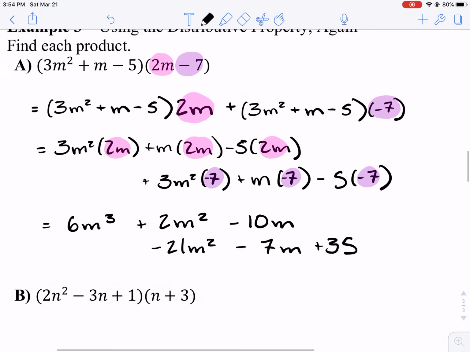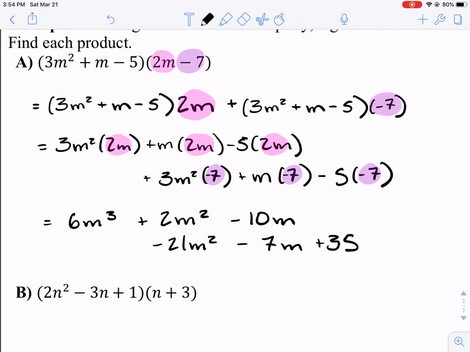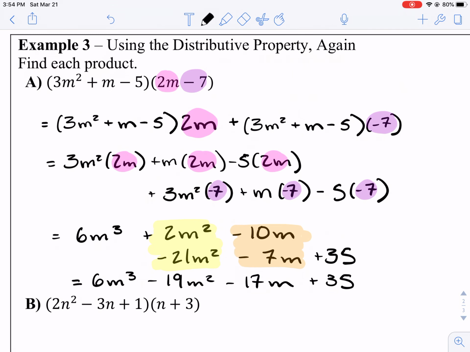Now the way I happened to run out of room works out really nice because now I can combine like terms with my m squareds and with my m's. So if I add that all up together, that'll give me 6m cubed minus 19m squared minus 17m plus 35. Got it? Go ahead and pause the video and try part B.